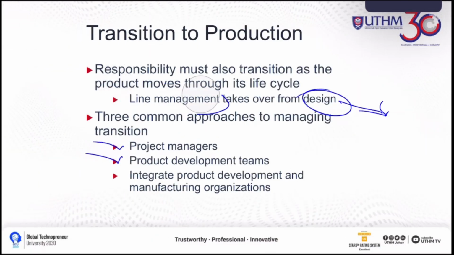The last one is responsibility. During the design phase, the team is under the development team, for example the design team. Under production, the responsibility shifts to another team, for example line management, who will take over from the design. Responsibility must also transition as the product moves through its life cycle.